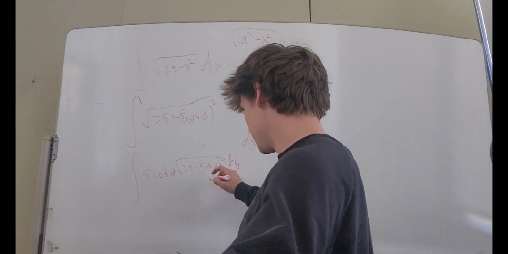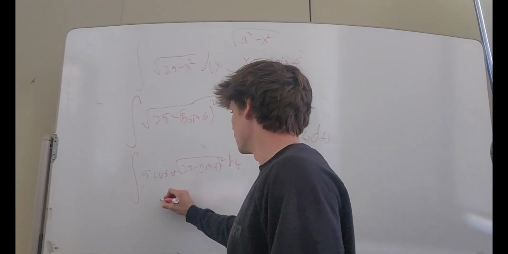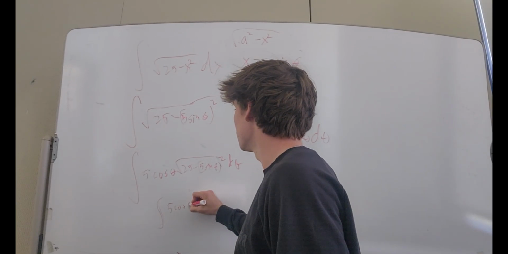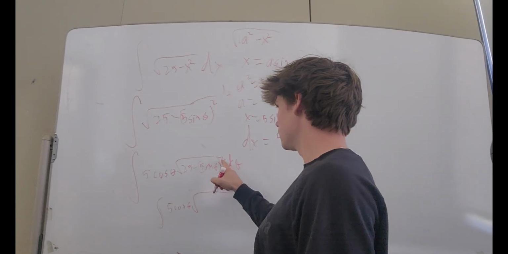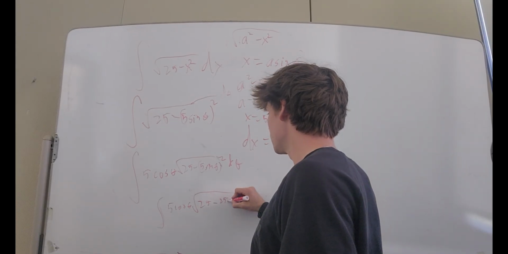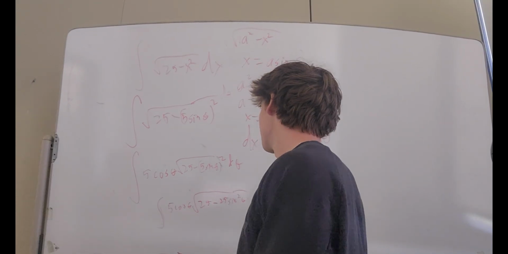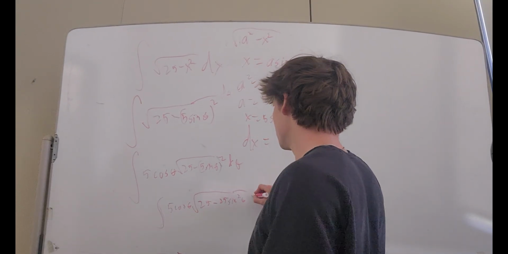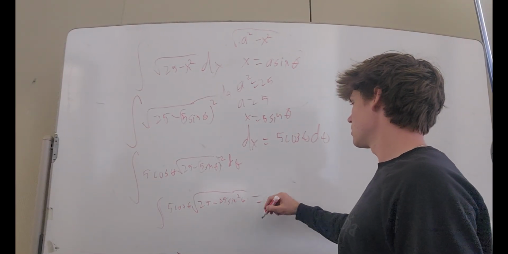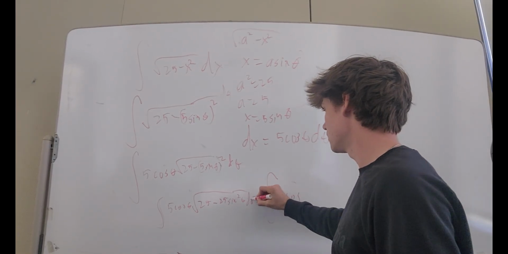So what we do is we rewrite this as the integral of 5 cosine theta, and on the inside the square distributes, so you have 25 minus 25 sine squared theta, all d theta.